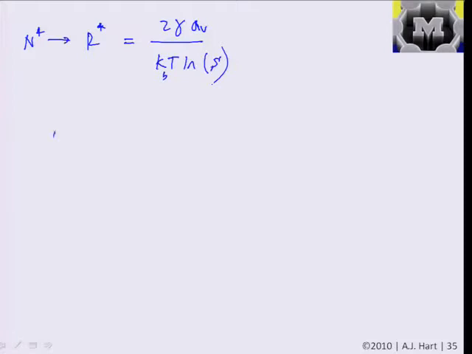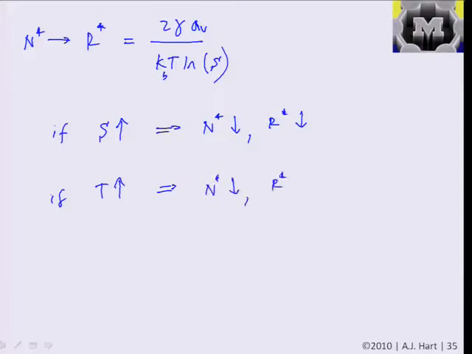So this tells us that if the supersaturation increases, or for example, we go back to the initial picture from today and add precursor to our solution, then we increase the supersaturation, then the critical cluster size is going to decrease. And if we increase the temperature, then likewise, the critical cluster size is going to decrease.